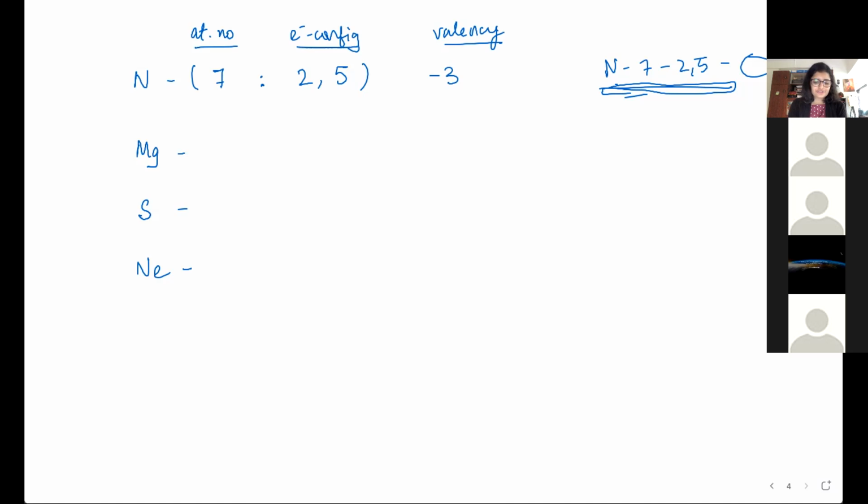Nice. Good. Samriddhi has done all 3 of them. Sujal, you got the valency for magnesium. You haven't sent atomic number and electronic configuration. Yeah, send all 3. Like the format I gave here, separate them with a hyphen or equal sign or something and put all of them in a line.